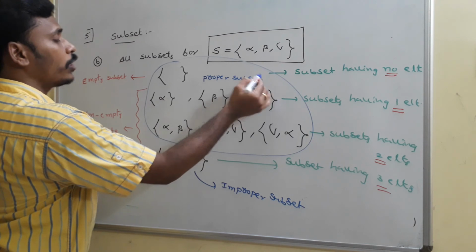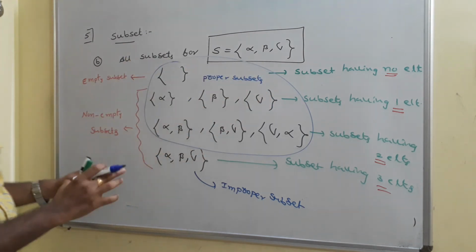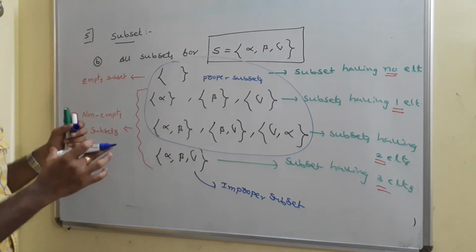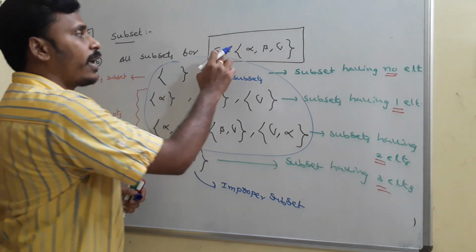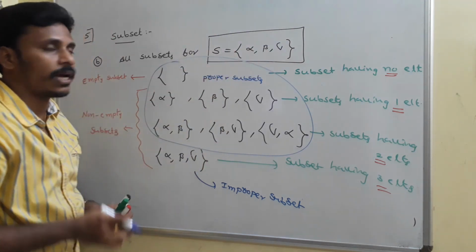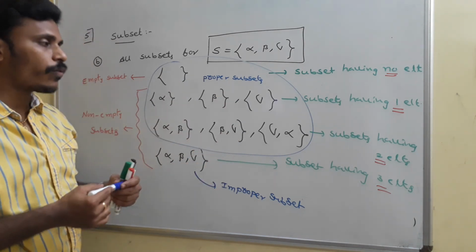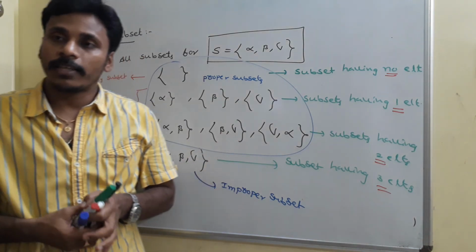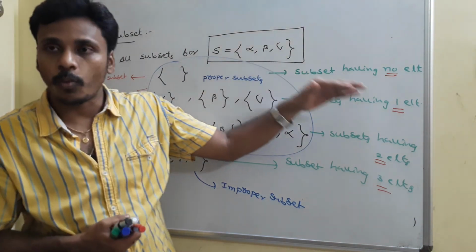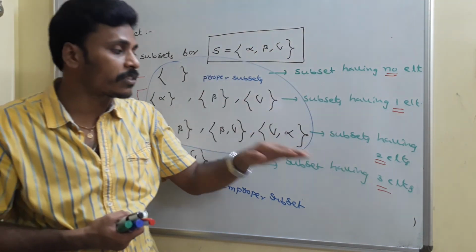You just look at the complete picture of how the subsets of a given set are classified. If you have a set S equals alpha, beta, gamma, all these are different subsets of the set. If you classify them depending on the number of elements, there are subsets having 0 elements, 1 element, 2 elements, and 3 elements.